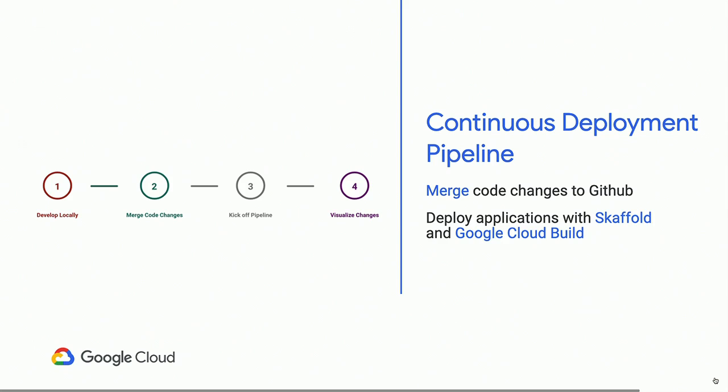Say you're a developer and your code lives on GitHub and you want to add a new feature to your code base. So the first thing you're going to do is develop locally, hopefully with Skaffold now, and get your feature up and running. And then push those changes to GitHub, and as soon as they're merged to master, that's where our pipeline will come in. So with Google Cloud Build, we're going to use a Cloud Build trigger to watch your repo, and it'll know whenever you've merged a new change into your code base.